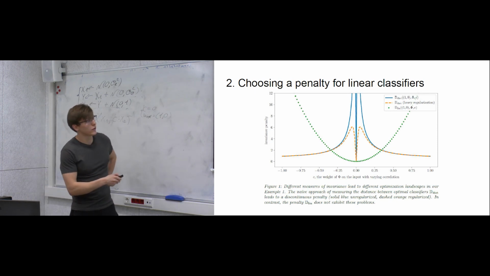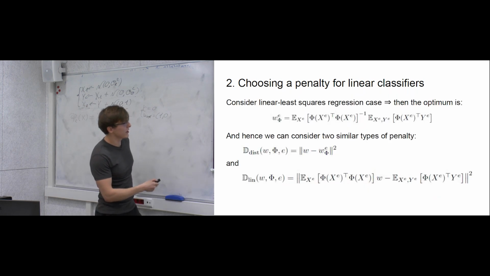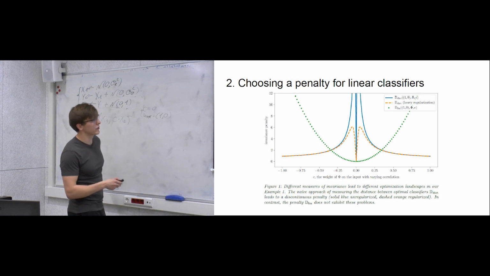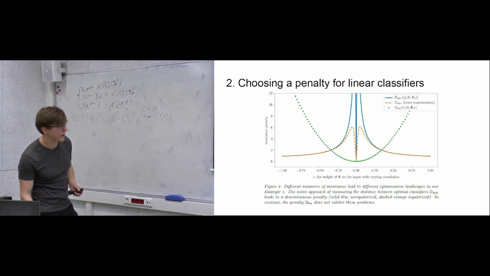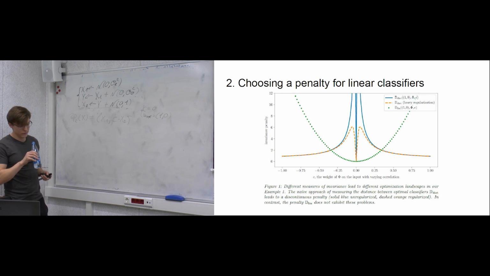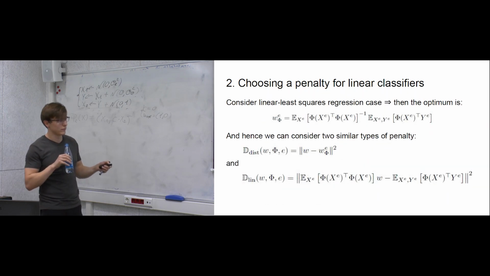We can see that the second penalty behaves much better than the first one, and even the first one in a strongly regularized linear regression. So we will use it further on. So that's clear why this thing is better.